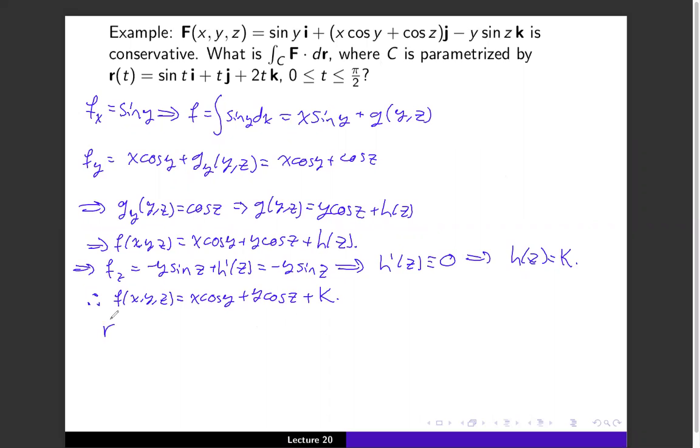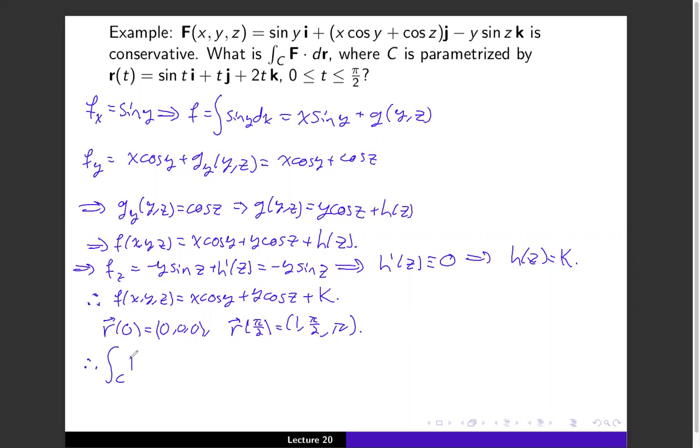Now, what about the endpoints? I know that r of 0 in this case is just 0, 0, 0. And I know that r of pi over 2 is 1, pi over 2, pi.